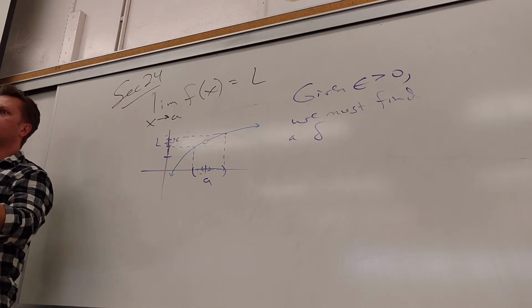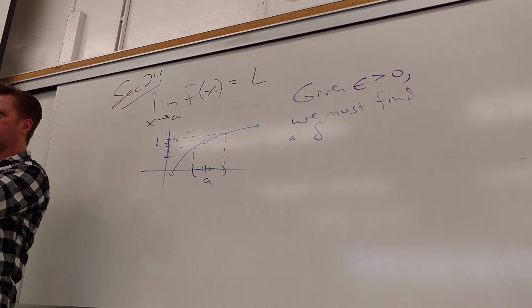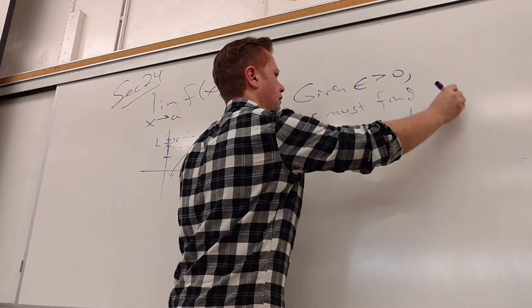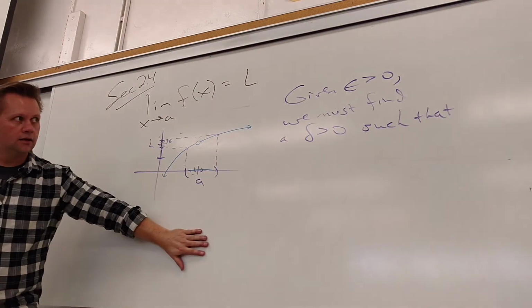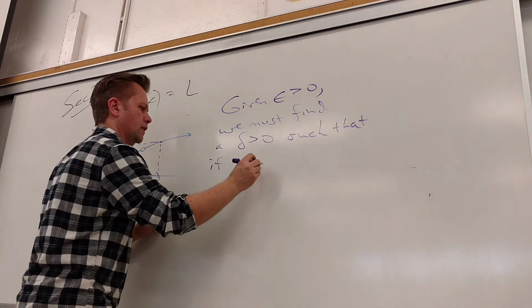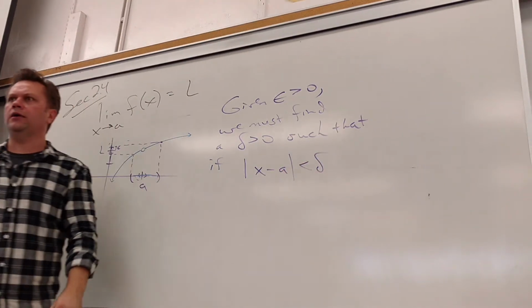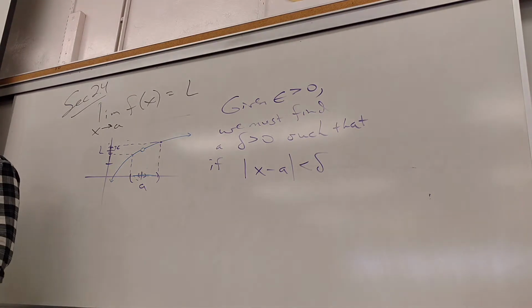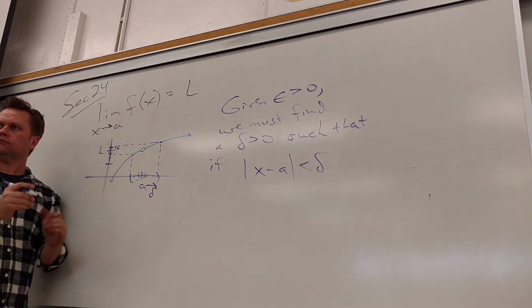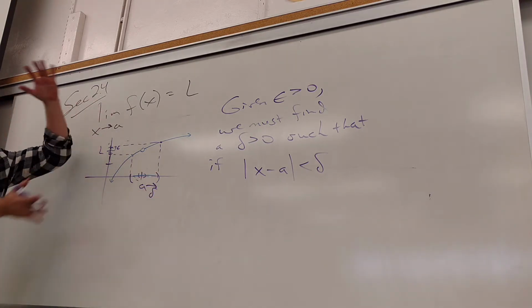Given an epsilon greater than 0, we can find a delta greater than 0 such that, proof language, I like it, if I am delta away from A, so this would be my delta, then I will end up being epsilon away from L.